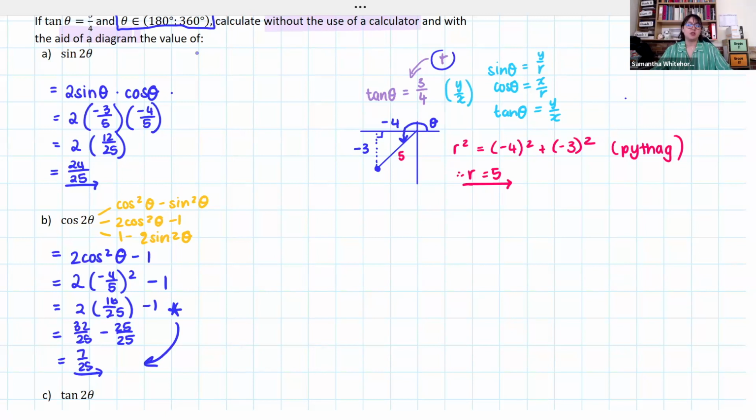We're satisfied that you can work out an LCD and you can go and add and subtract fractions. So once you've applied the squared, the important stuff is that we can see the substitution and that you've done that correctly. So it's not the end of the world if you don't show every single minute step. It's fine. If you are concerned that you're going to lose marks, just show all the steps. Right, so that's the cos 2 theta.